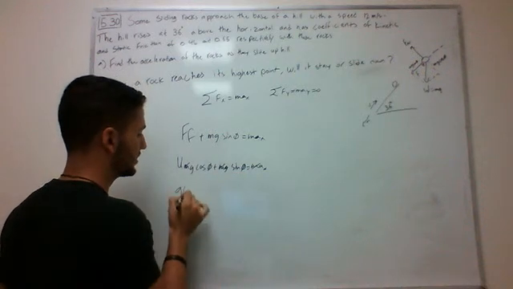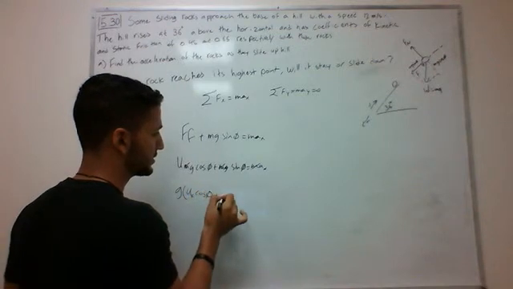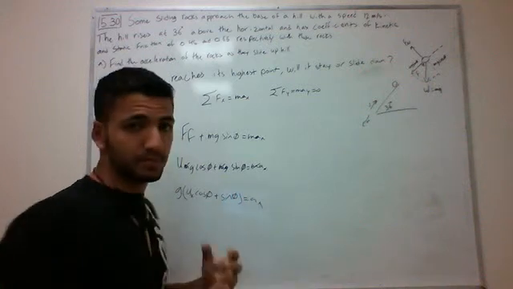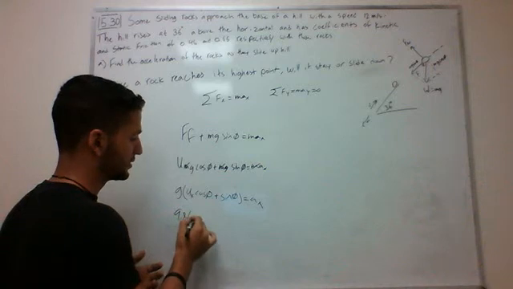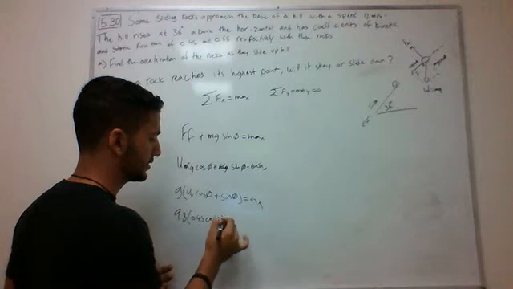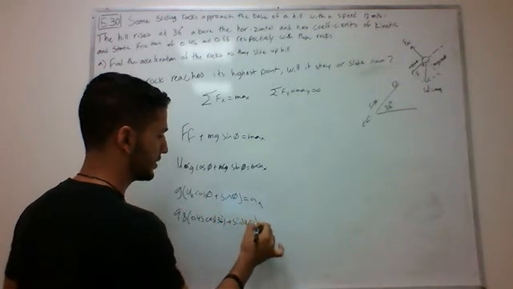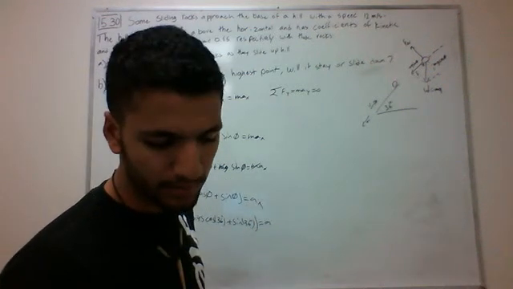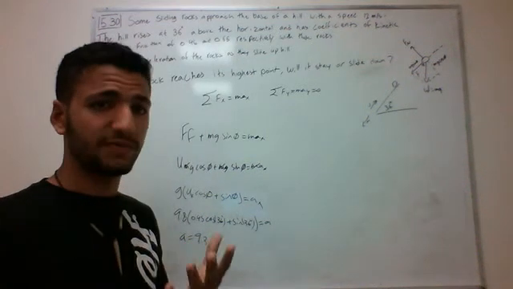So it's going to be g times mu of k cosine theta plus sine theta equals a of x. Now we just plug in the numbers: 9.8 times 0.45 cosine 36 degrees plus sine of 36 degrees. That's going to give us a. So a equals, if we calculate that, 9.3. That's for the first part.